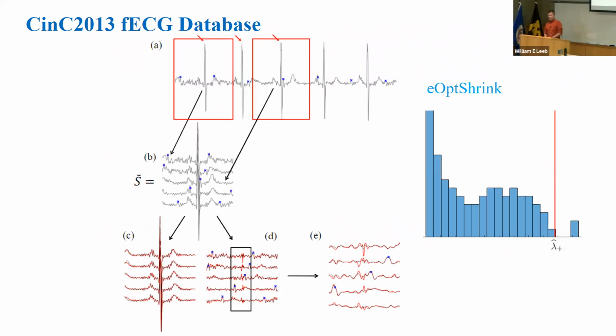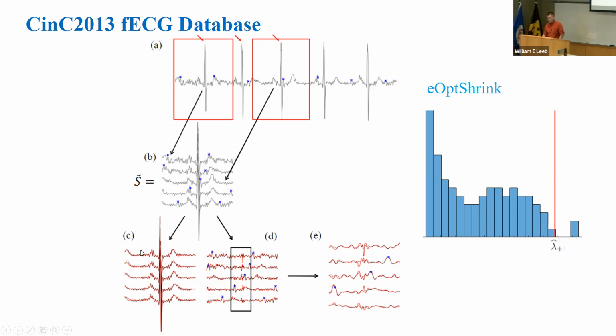So now we have the simulation compared to our original motivation. How do we apply this method to the ECG data? We construct this signal matrix, then apply our extended optimal shrinkage on this matrix.